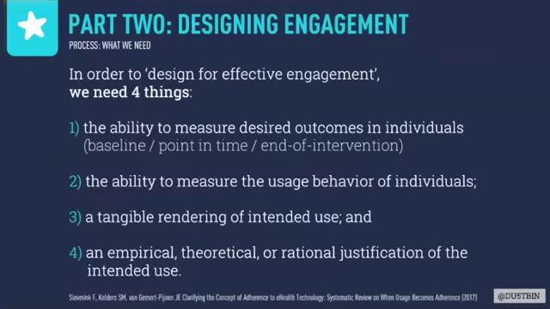We want to have a rendering of intended use, right? And that just means we need to have some kind of prototype or functioning code in order to be able to track usage. And we want to have either an empirical, theoretical, or rational justification for intended use, right?